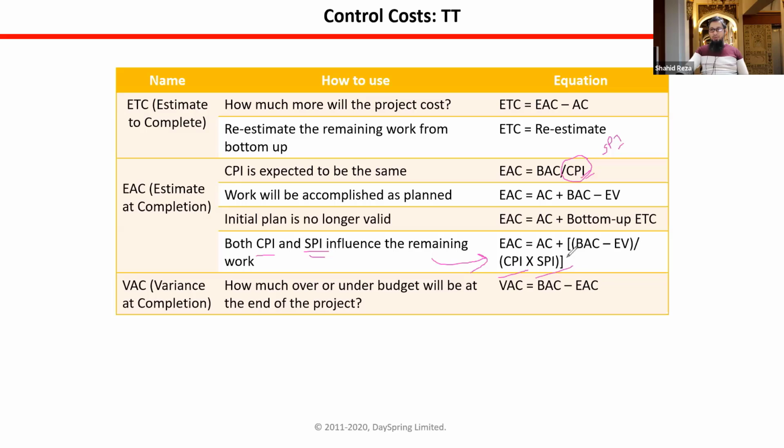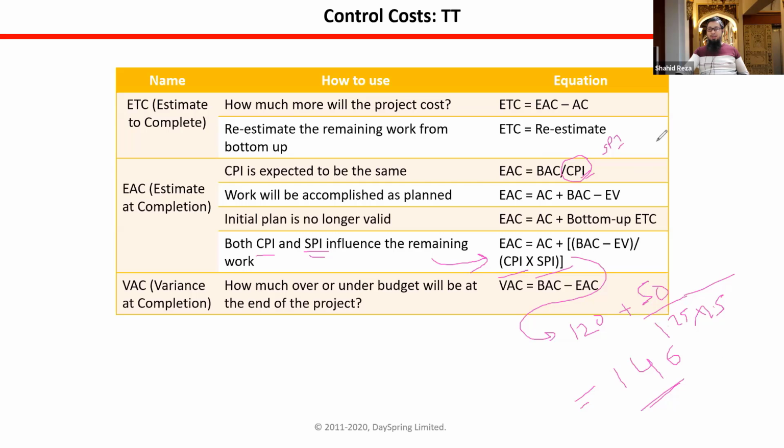So if we use this formula, what happens? In our case, $120 plus BAC minus earned value, that means $50, divided by 1.25 times 1.5. Most probably, if you calculate, you will get around 146 or something.